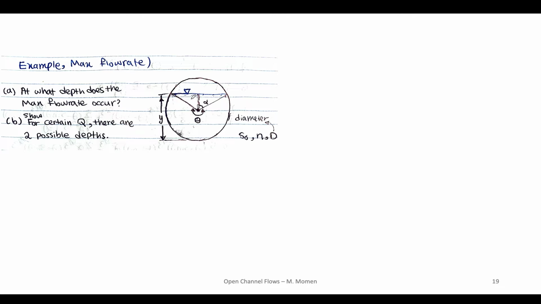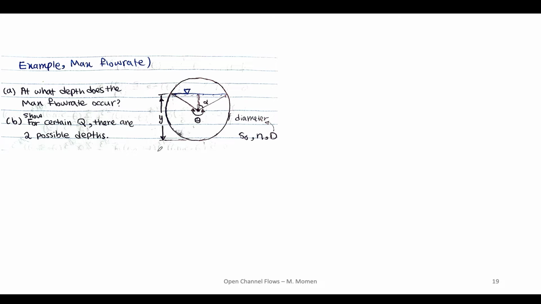And in the second example, we are going to go through variable roughness. When we have variable roughness in a channel, what should we do and how can we find a flow rate? Okay, so let's get started with the first example.